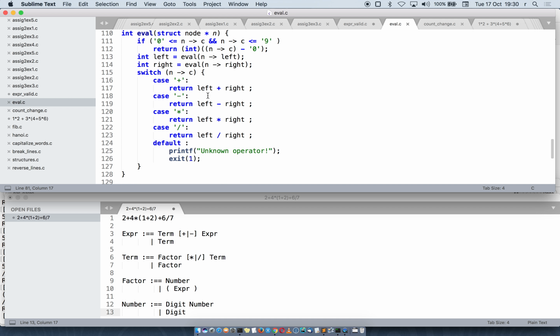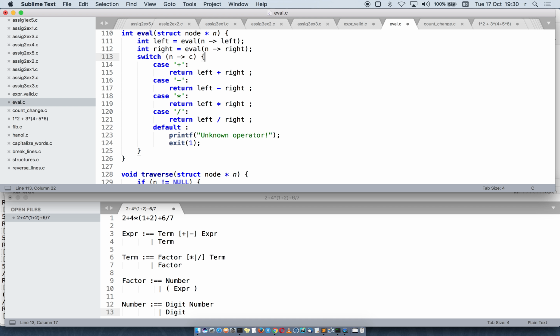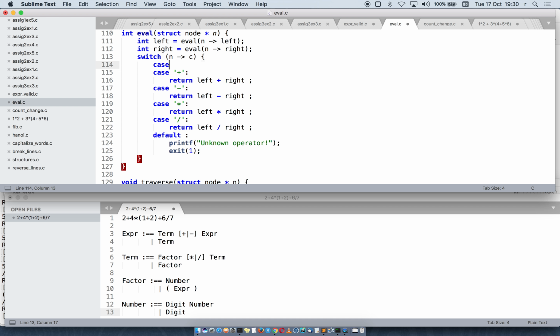Why is that? Because here we're checking that C is between 0 and 9. That will no longer be the case, right? So when we evaluate, actually there's a very simple thing we can do. We can just throw this away, all right? And then we can add in switch here, we can add case at.